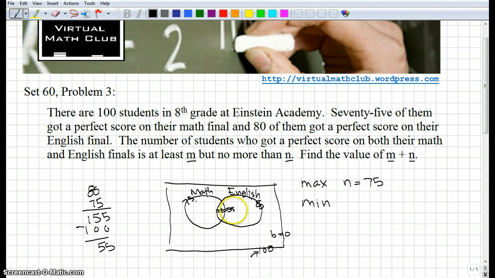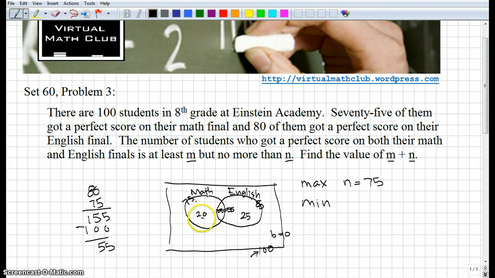Does that make sense? So if the intersection is 55, then the set of kids that just got a perfect score on their English would be 80 minus 55, which is 25. And the number of kids who got a perfect score just on math but not English would be 75 minus 55, so it'd be 20.